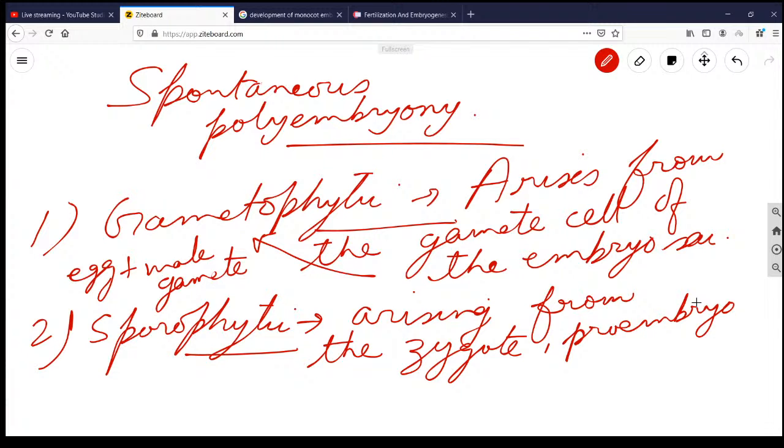And I told you that this embryo development can also occur in the culture medium. Then that will be known as induced polyembryony. So in culture medium, if you develop embryos, they can be known as embryoids, supernumerary embryos, somatic embryos, adventitious embryos, and so on.